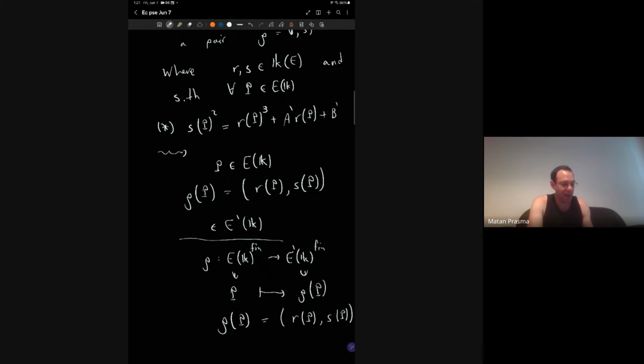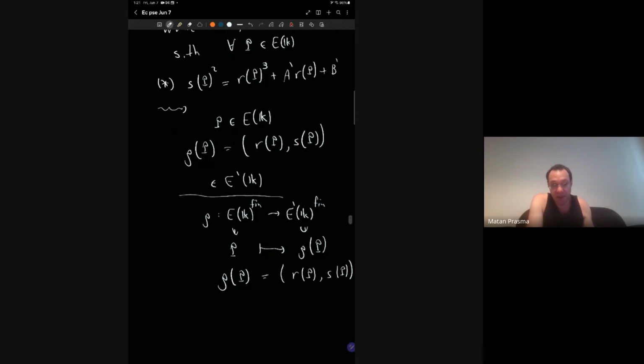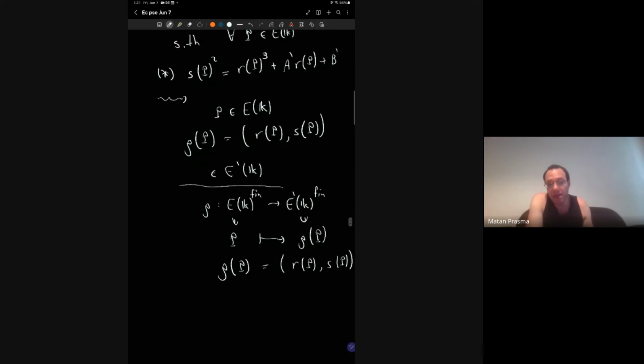Moreover, if I want rho of P to be a point in the target curve E prime, then the two coordinates of rho of P need to satisfy the equation of E prime.